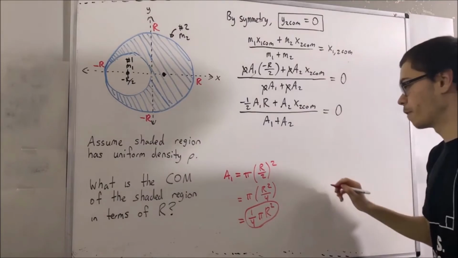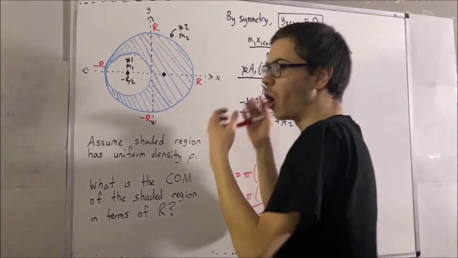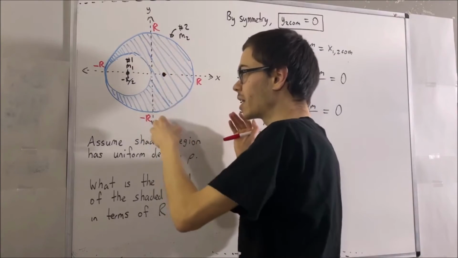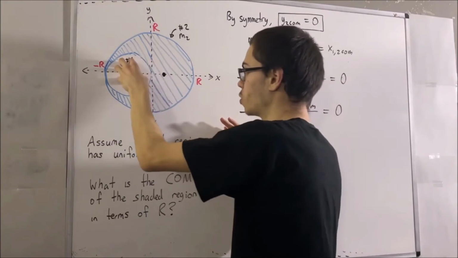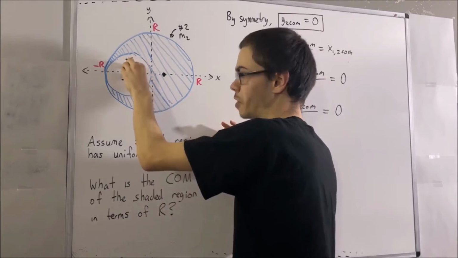Now let's go to the area of region 2. To get the area of region 2, all we have to do is take the area of the larger circle and subtract the area of the smaller circle. In other words, we're taking the area of region 1 and region 2 combined and subtracting the area of region 1.